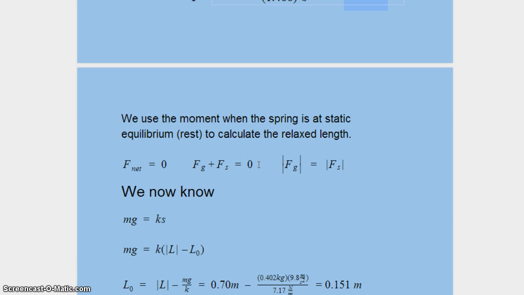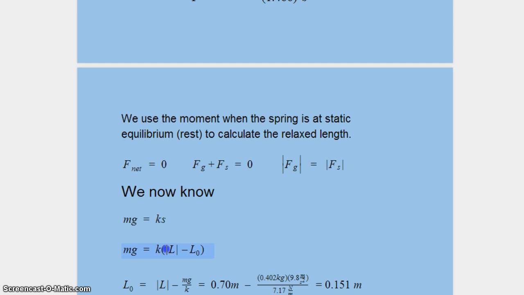Now that we know k, we can solve for the initial relaxed length of the spring. Because the spring is at static equilibrium when it's at rest, we say the net force is 0, so the force of gravity plus the force of the spring is equal to 0. In that case, their magnitudes are the same. So mg, the force of gravity, is equal to ks, which from Hooke's law tells us the force of the spring is k, the spring constant, which we just found, times s, which is the stretch.